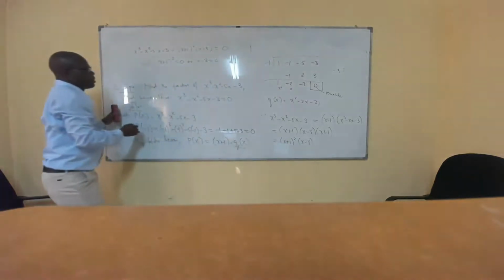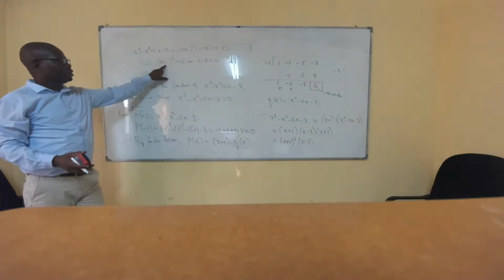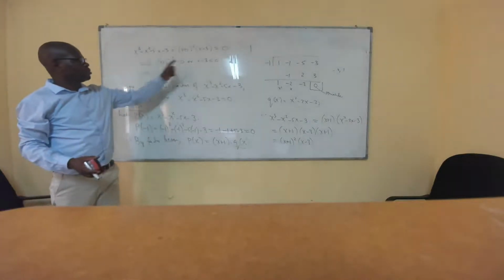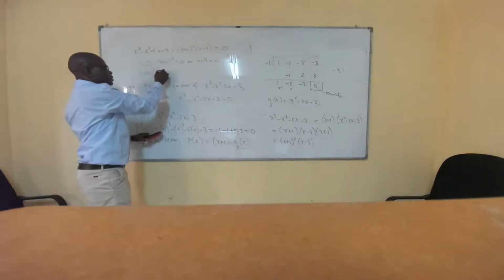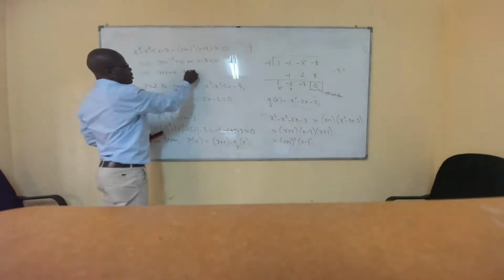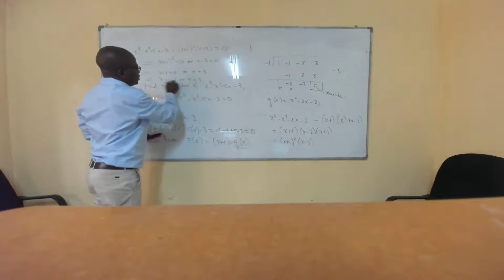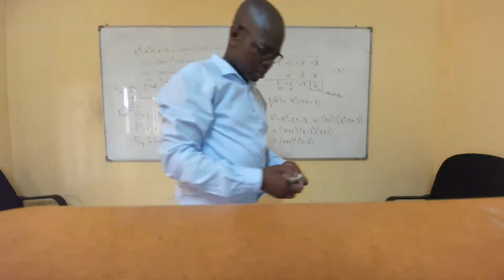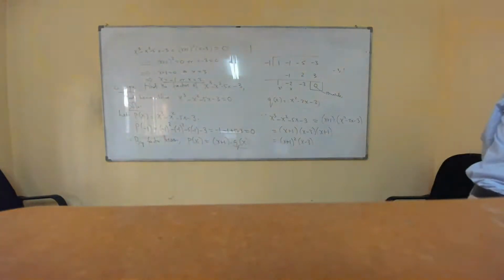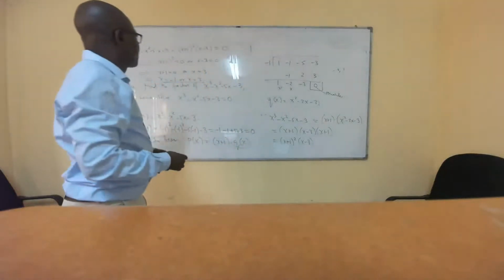But if the square of any number is 0, then the number in question is 0. So here it means x plus 1 is 0, or x minus 3 is 0. This gives x is minus 1, or x is 3. So these are the solutions: either x is minus 1, or x is 3.